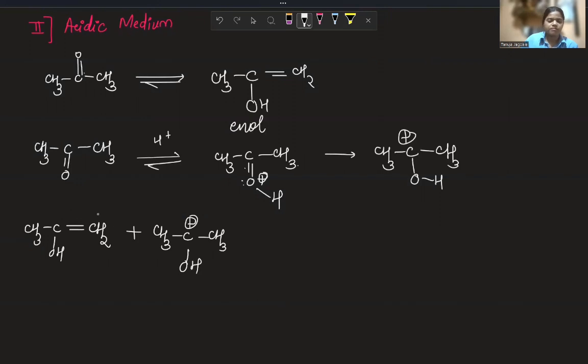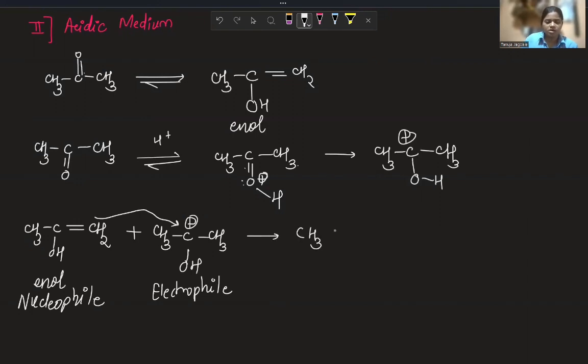This enol form acts as a nucleophile and this acts as an electrophile to give the following addition product.